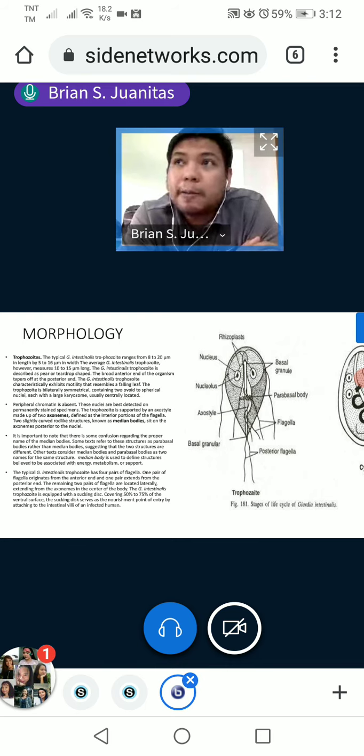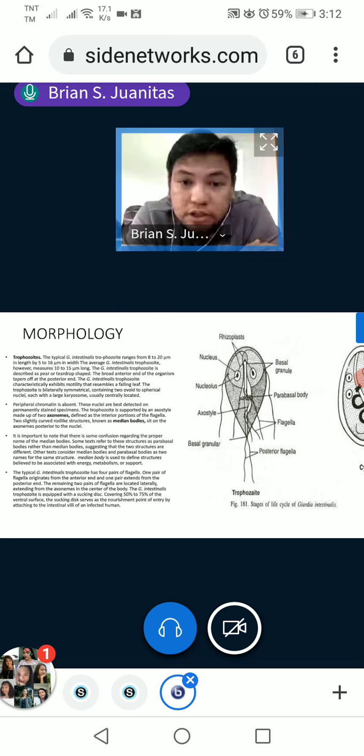Usually, class, pag NSS lang ang ginamit mo, makikita mo yung shape ng trophozoite, but the nucleus is barely there, no? Almost transparent. But if you use Lugol's or other permanent stain, mas visible yung appearance ng nucleus or the nuclei.